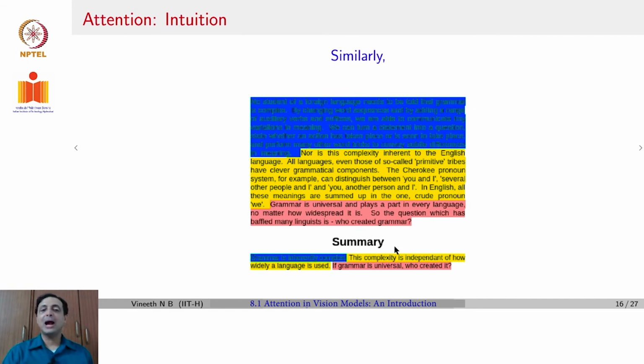Similarly, if you had an entire paragraph and you had to summarize, you would probably look at certain parts of the paragraph and write them out in a summarized form. So paying attention to parts of inputs, be it images or long sequences like text, is an important way of how humans process data.